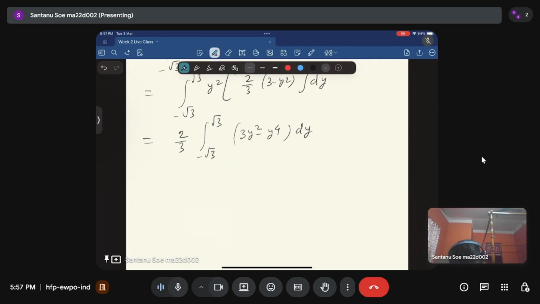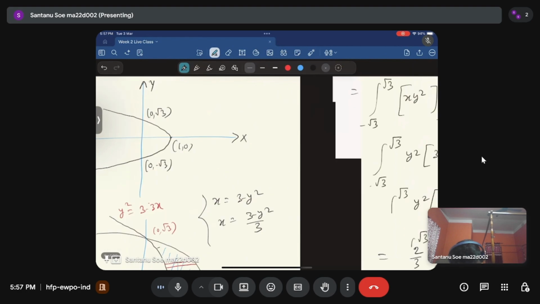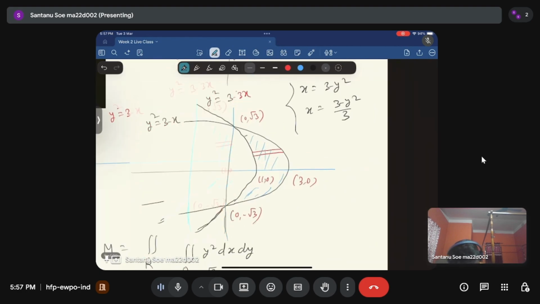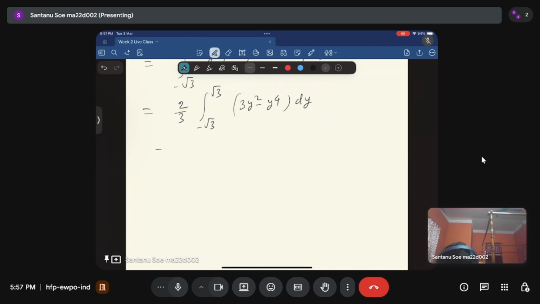Now the region was symmetric in y, and the inside function is also even, so we can take 2 outside, so that is 4 by 3, from 0 to root 3, of 3y square minus y to the power 4 dy. Okay, this is a simple integration.